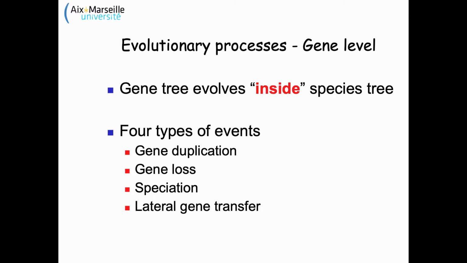It's important. And for that, you have 4 types of events. We already talked about some of them: the gene duplication, the gene loss, the speciation of the genes also, and then the lateral gene transfer or horizontal gene transfer, when a gene moves from one species to another one.